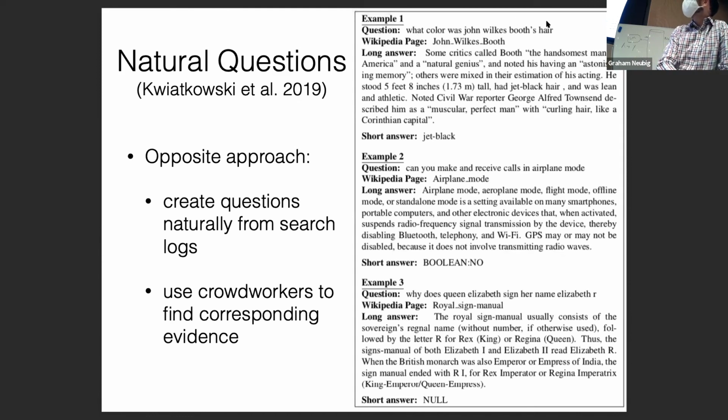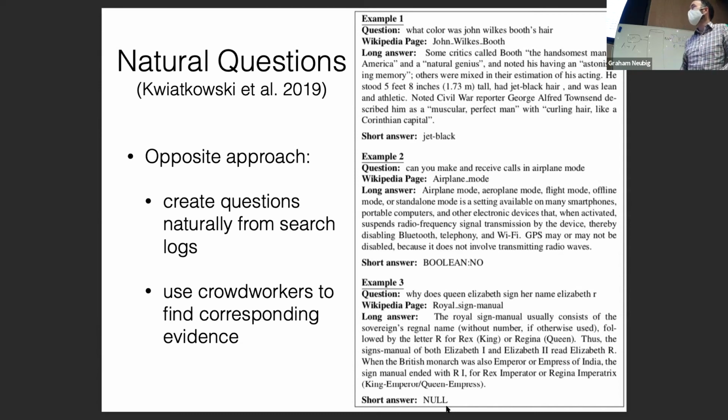What color was John Wilkes Booth's hair? And then you have a Wikipedia page, a passage, and then the answer. You also have a Boolean question: can you make and receive calls in airplane mode? The answer is no. And also, why does Queen Elizabeth sign her name Elizabeth R? And there's a passage here, but the answer is not directly included in the passage.